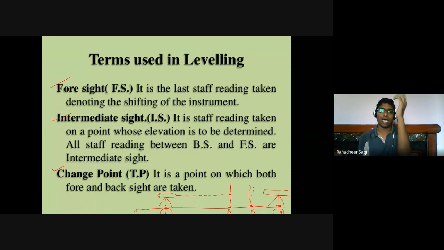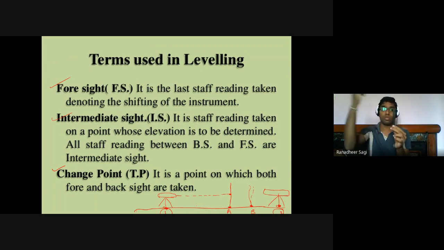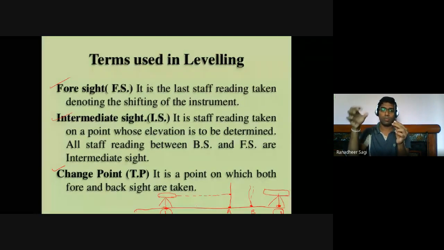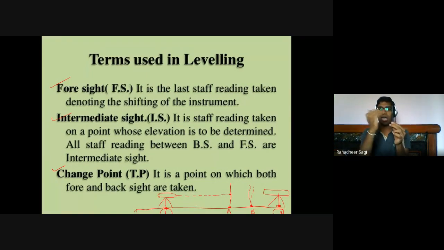It's point A in this example, at which when the leveling staff is placed, I had a foresight before shifting the instrument from station 1, and immediately after shifting the instrument from station 1 to station 2, the first reading I have taken at station 2 is once again at point A. So that particular point, with respect to which you had foresight data measured from one instrument station and backsight data measured from another instrument station, is what is called a change point.